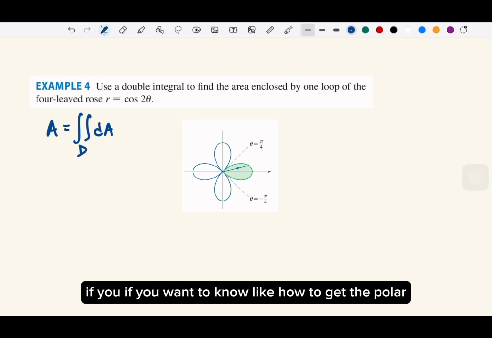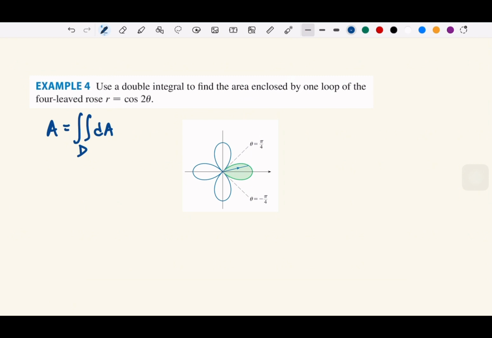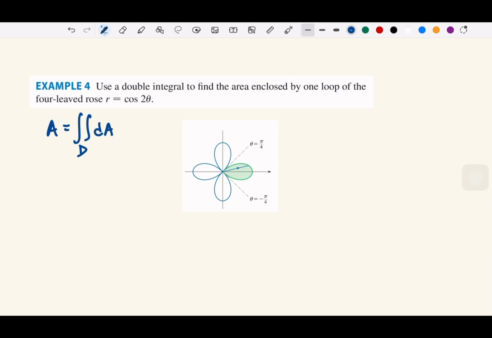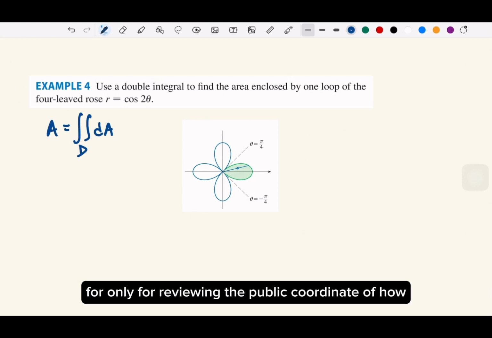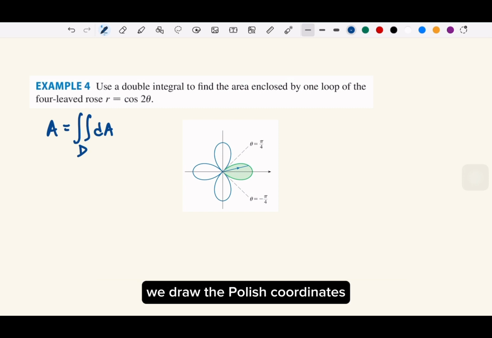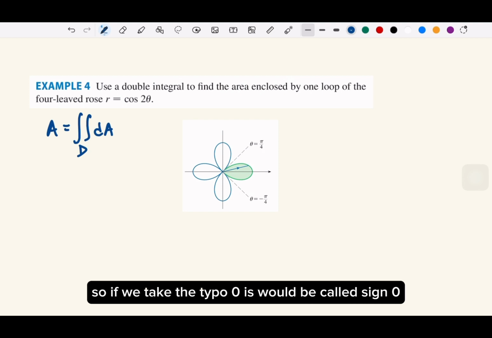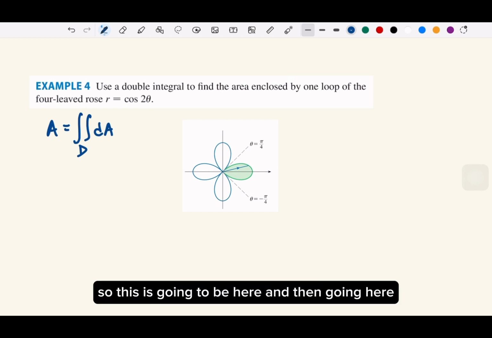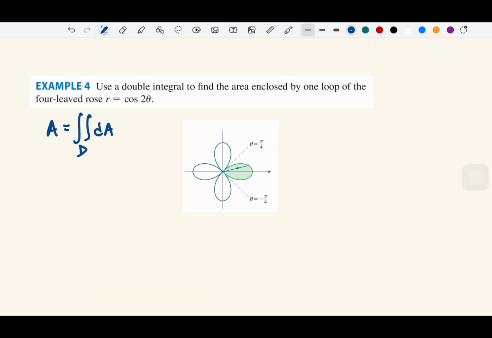If you want to know how to get the polar, maybe I will share some links that might be helpful for reviewing the polar coordinates and how we draw the curves. Polar always starts from theta equals 0. If you take theta equals 0, it will be cosine 0, which is 1. That's what we have here from the starting polar axis. So this is going to go here, and then here, and there.